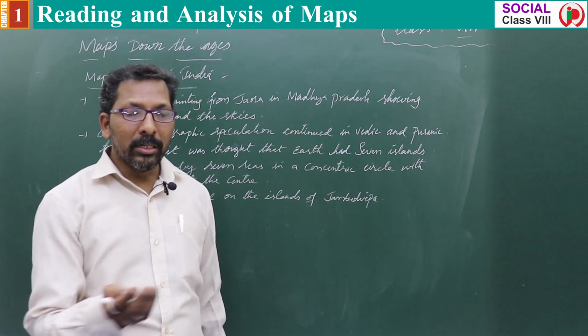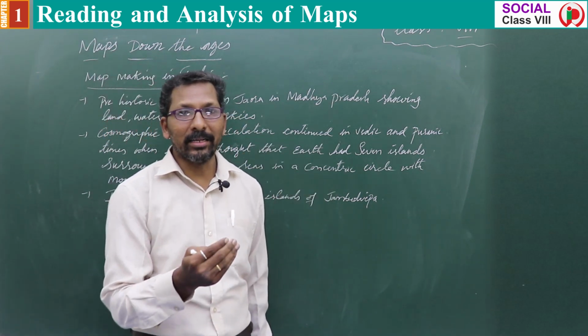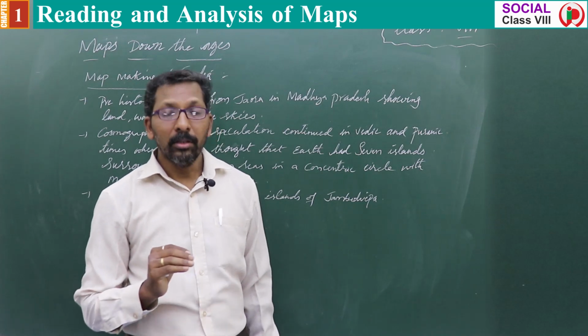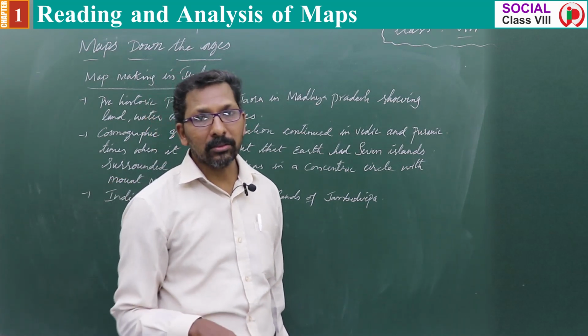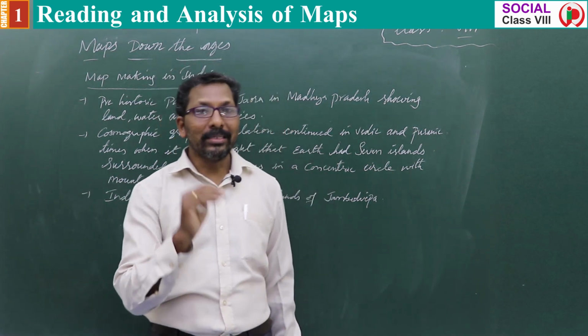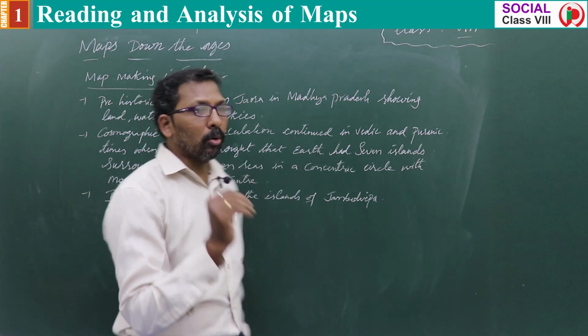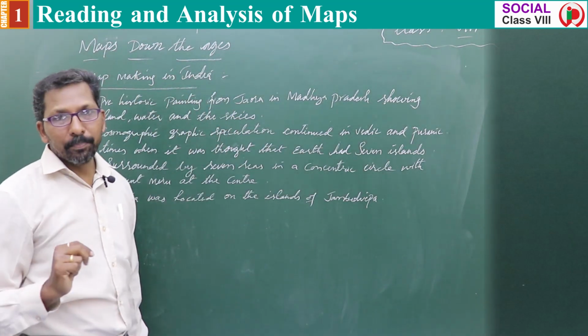Later on, we'll discuss maps from other parts of the world other than India, that is Sumerian maps, Babylonian maps, right? Some maps made by the Europeans, some maps made by the Arabians. We'll try to discuss it. So first, let us go to the making of maps in India.